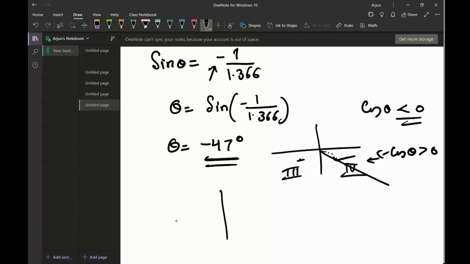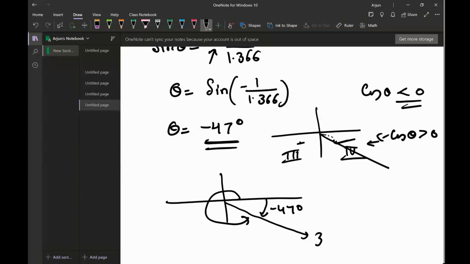So I will take only the value which is in the fourth quadrant. Negative 47. How am I going to draw negative 47? This will be negative 47 degrees, and this will be the angle. If I look at the principal angle, this will be 360 minus 47, which is approximately 313 degrees.